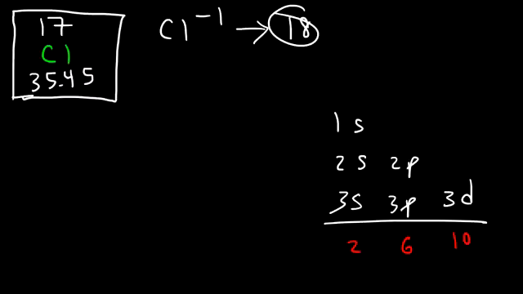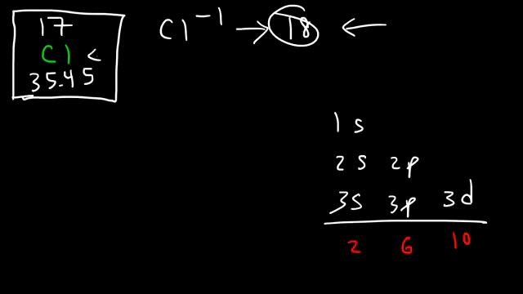So I just want to rephrase this one more time. For transition metals, it's best to write the electron configuration first, and then subtract the appropriate number of electrons based on the charge. For elements that are not transition metals, and if you're dealing with ions, you can go straight to this number. You could find the total number of electrons in the ion, and then write the configuration based on that.